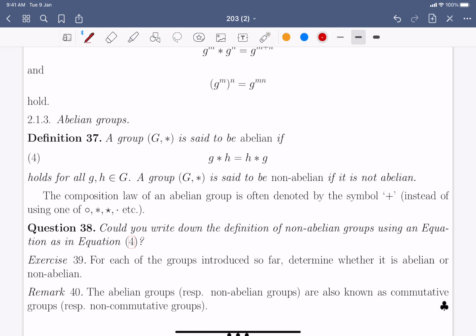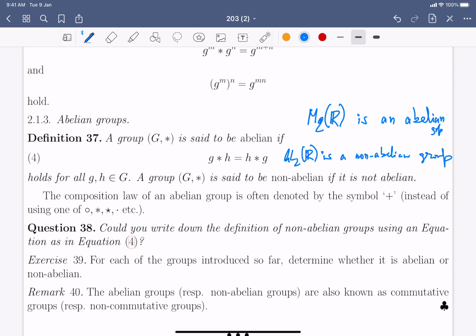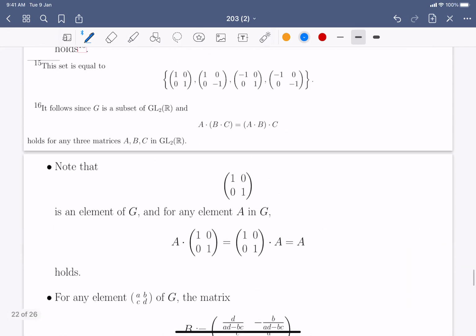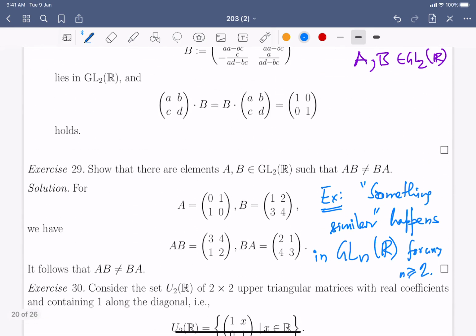You have already seen that M2R is an abelian group, GL2R is a non-abelian group, and while discussing this problem on GL2R, I said that something similar happens inside GLNR.